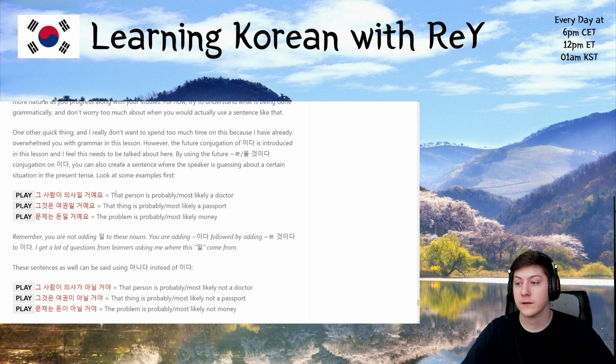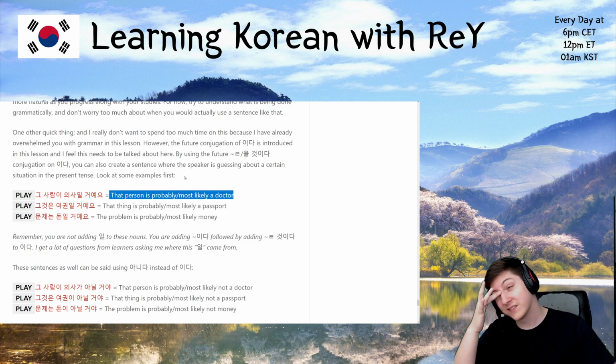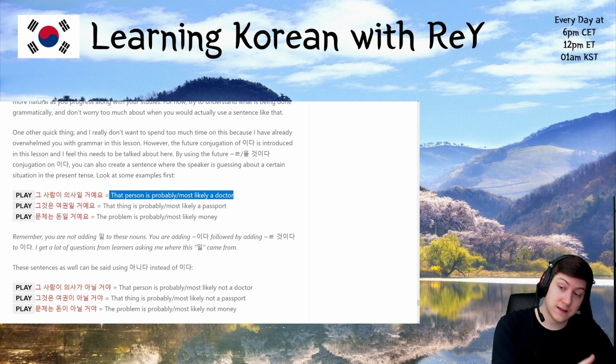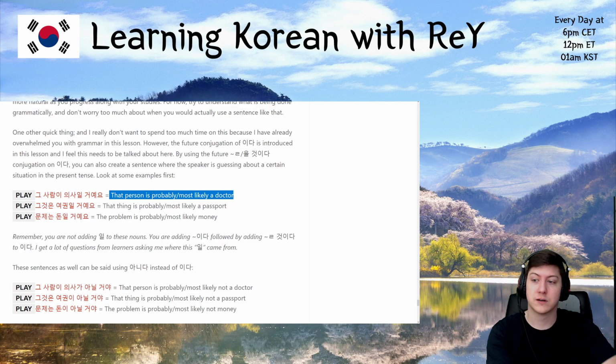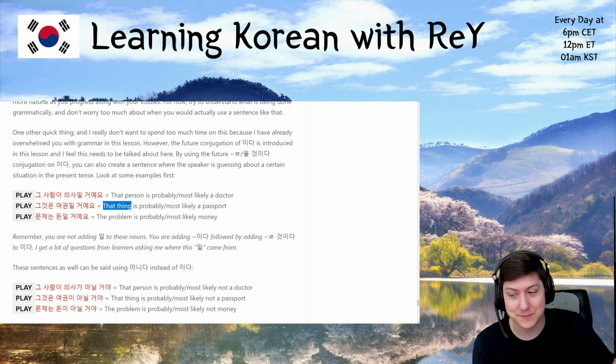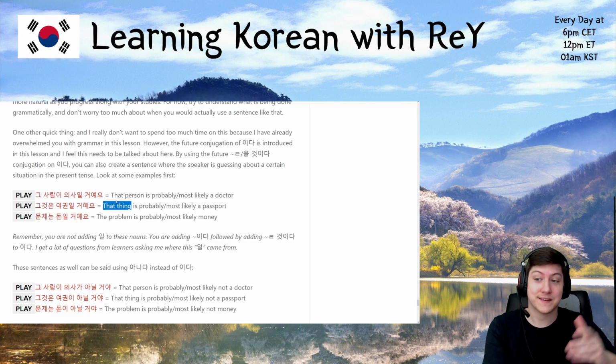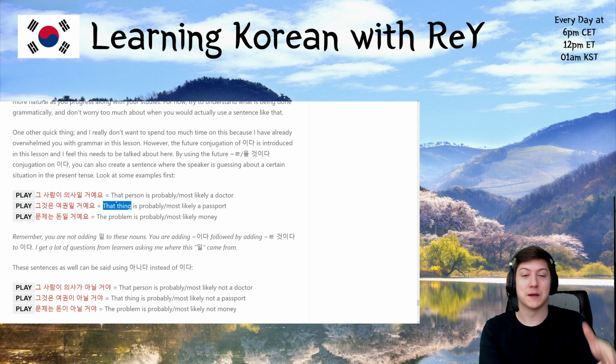Oh, this is interesting because we just learned the future form is basically that person is the thing that will be a doctor. And here we have that thing itself as a subject. So this sentence is actually that thing is the thing that will be a passport.